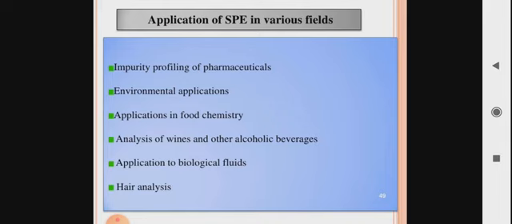It may be blood, urine, or any other body fluid. These molecules can be separated out and then go for analysis. Then hair analysis. So these are different applications of solid phase extraction in various fields.